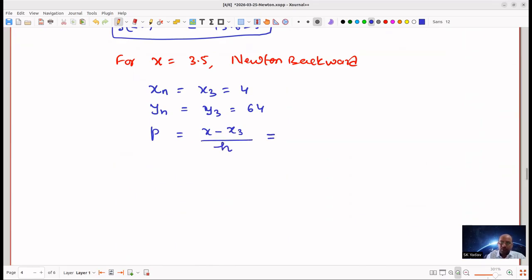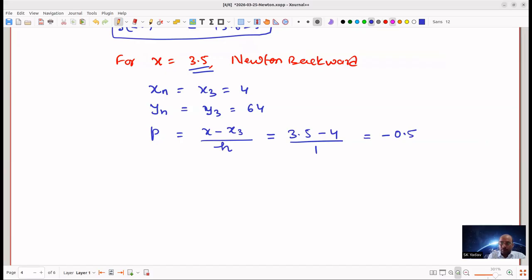Because the x required is 3.5, I will put 3.5 minus last value, that is 4, and divide by 1. So it came as minus 0.5. So your p value is minus 0.5.